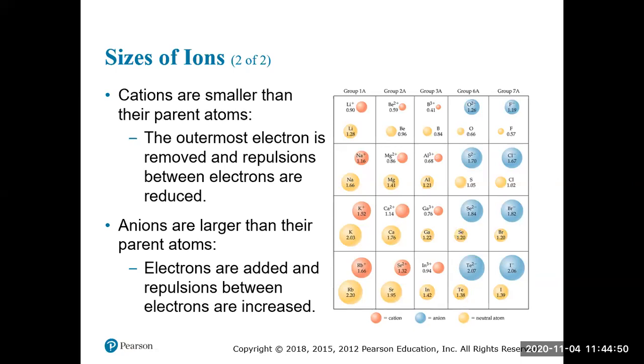Because of those additional electrons, you have more electron repulsion going on, and those combine to make it bigger. So what you see on a lot of this is how the electrons interact with each other and how they react with the positively charged protons.